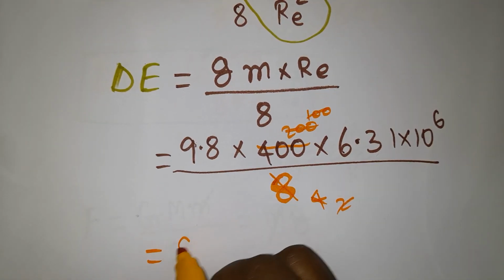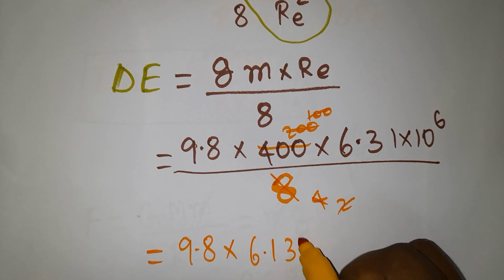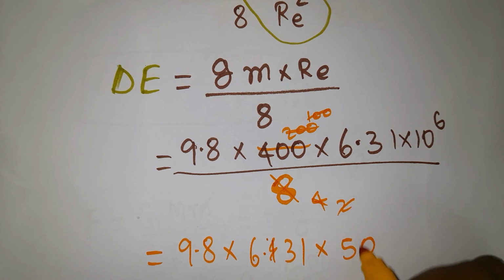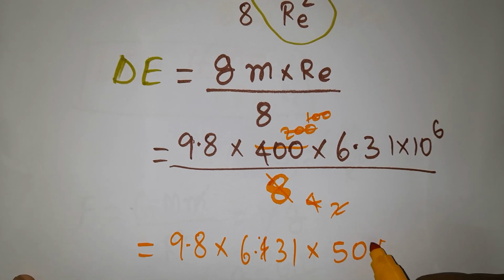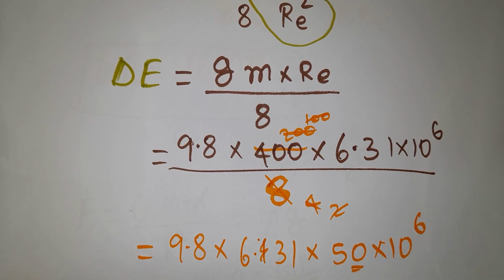So what is the numerator? 9.8 into 6.31 into 50, into 10 power 6. Because of this 0 you can increase one more power, 10 power 7. Now I have to do the calculation.